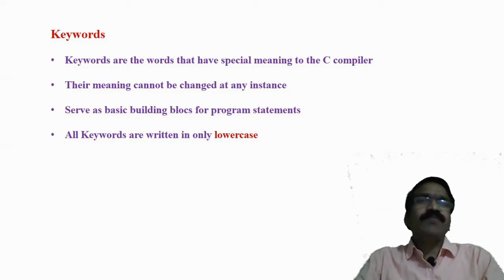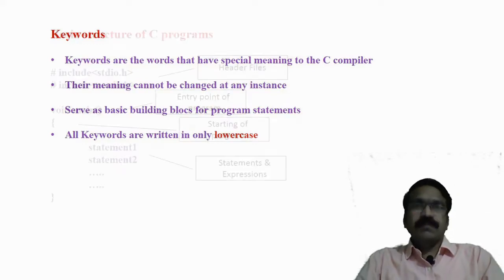Using those, functions will be made by the compiler. They serve as basic building blocks for program statements, and all the keywords are written only in lowercase letters. We will see these keywords later on.